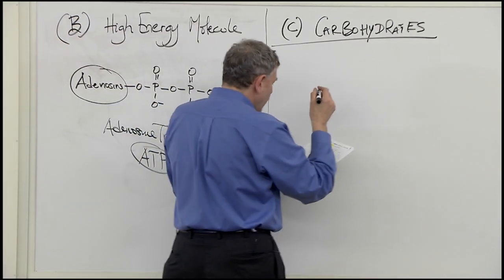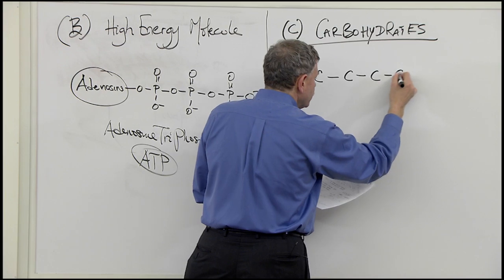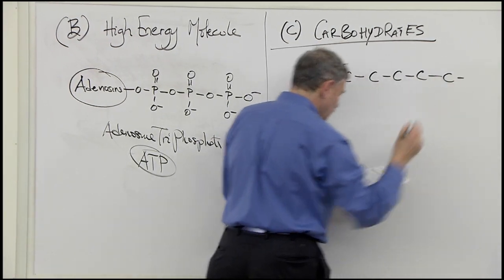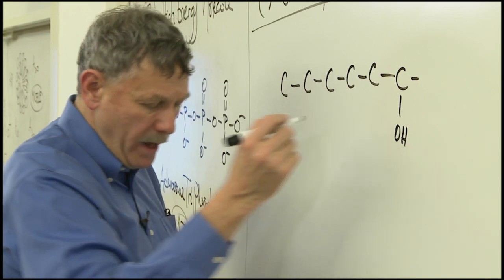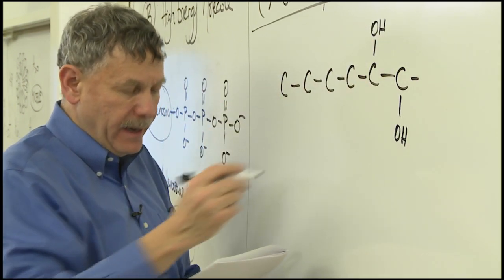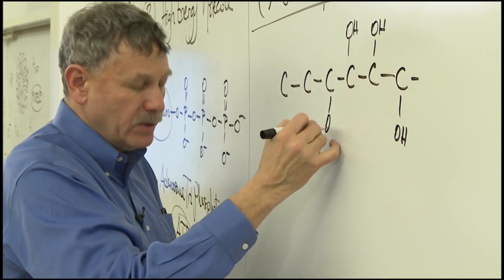Carbohydrates have the following structure. They have a certain number of carbons. I'm going to do a carbohydrate here that has 6 carbons on it. Every carbon except 1 carbon has a hydroxyl group on it, but they can go in different ways in different places and all that.